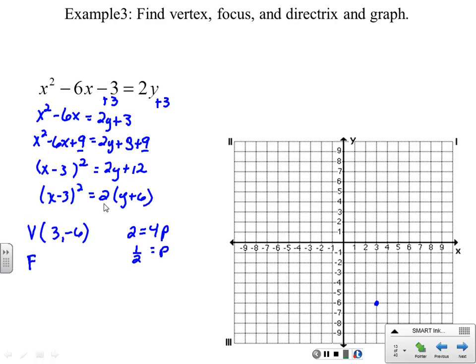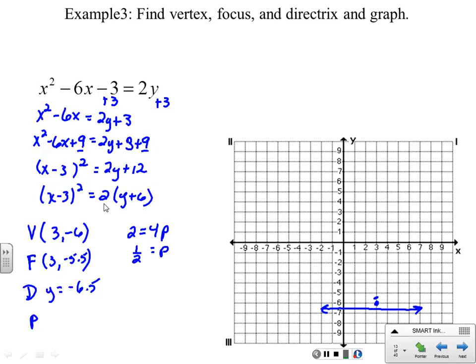So we're going to go 3 and -5.5. So my directrix, where am I going to go? You're going to go 1/2 down. So here's the directrix. The directrix is going to be y is equal to -6.5, whatever.